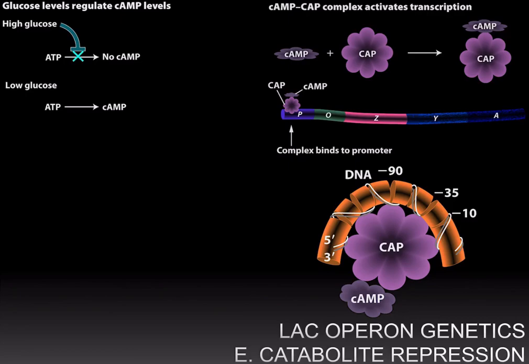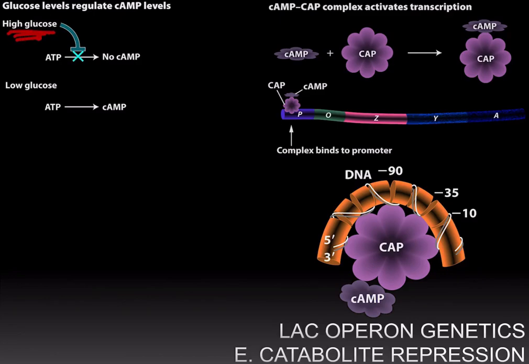The way glucose regulates the Lac Operon is referred to as catabolite repression. And normally, if you don't have glucose in the cell, then ATP, adenosine triphosphate, gets converted into cyclic adenosine monophosphate or cyclic AMP.